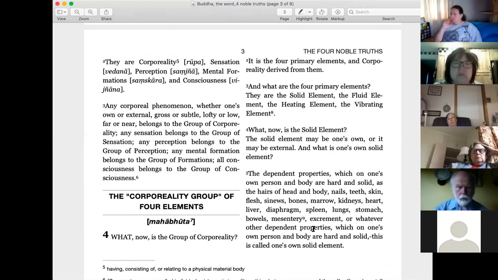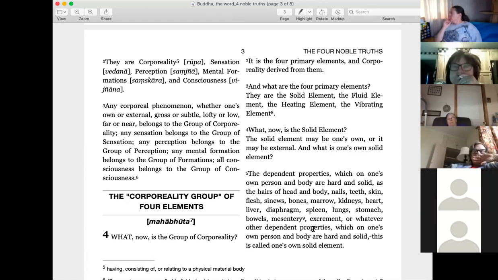We have corporality, which we can also think of as form, sensation, perception, mental formations, and consciousness. Now, all 5 of those things are what make it possible for us to have an experience as a human being.